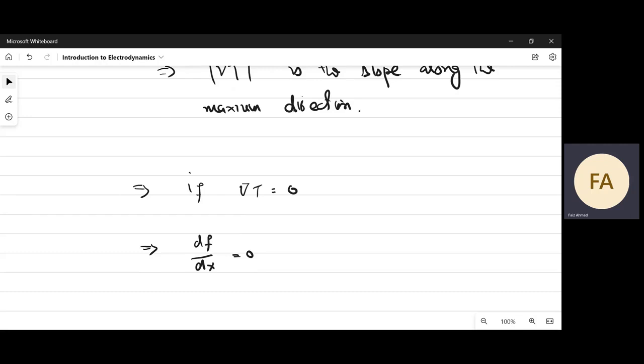So similarly, this will tell us the minimum or maximum or the path of function T.